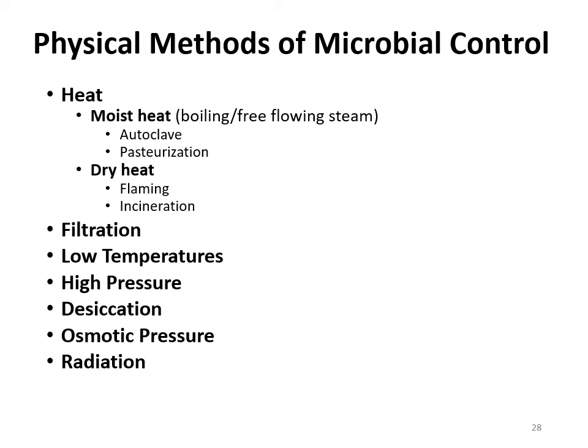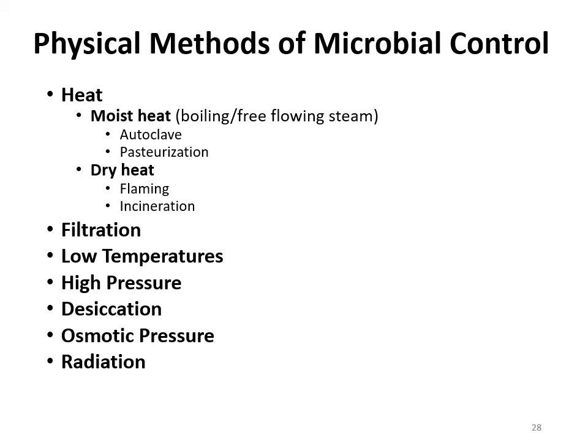Or if we use a Bunsen burner, that's dry heat. And those sterilize. They completely kill bacteria. We also use the autoclave, which is this giant metal contraption down the hall that also sterilizes, and that one sterilizes by using high pressure and water and steam, very high temperature. There's also filtration, which we'll talk about in a minute, and why we use heat versus filtration.